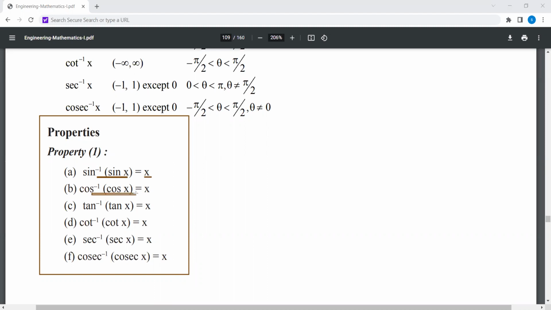Cos inverse of cos x is x. Tan inverse of tan x is x. Cot inverse of cot x is x. Sec inverse of sec x is x. Cosec inverse of cosec x is x. Here, sin inverse and sin cancel each other. Therefore, our answer is x, that is, the angle.